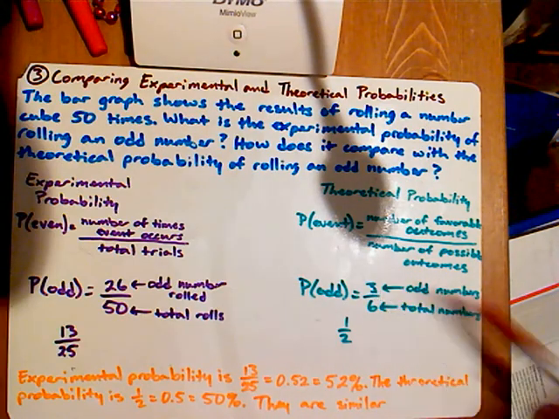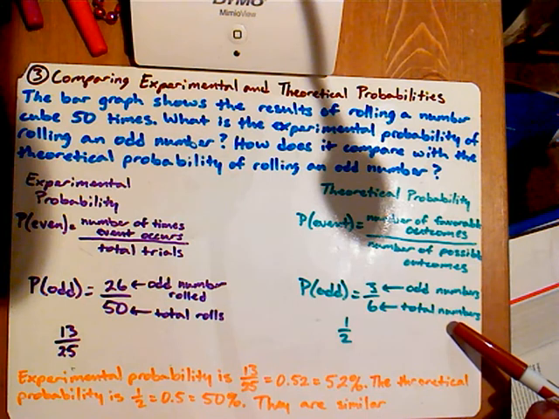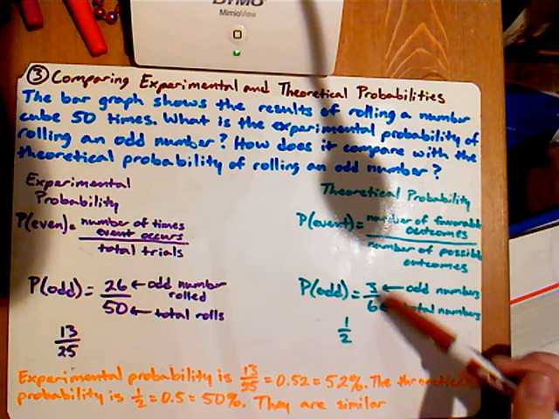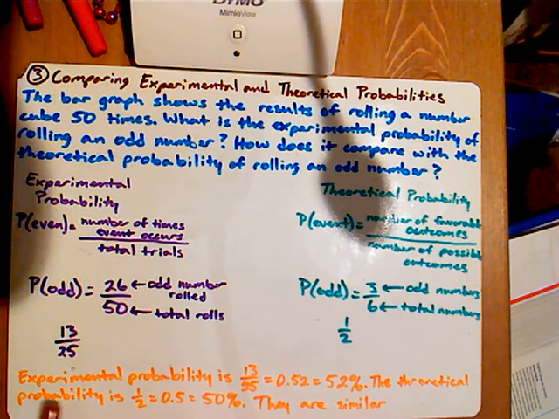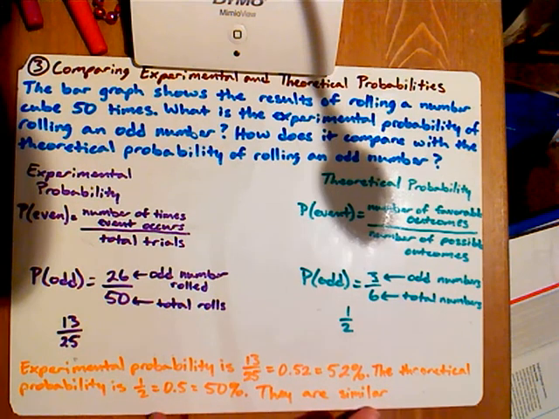So 3 odd numbers, 6 is the total of numbers. When we reduce this ratio, we get 1/2. So the experimental probability is 13 over 25, which equals 0.52, which equals 52%. The theoretical probability is 1/2, which equals 0.5, which equals 50%. So our experimental is 52%, our theoretical is 50%, so our two probabilities are similar.